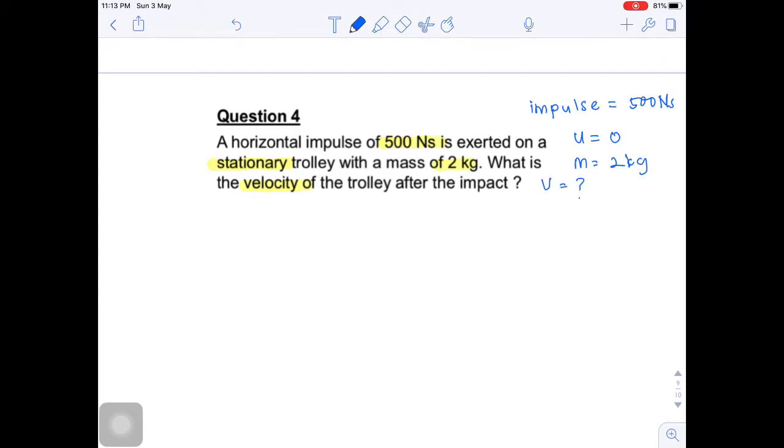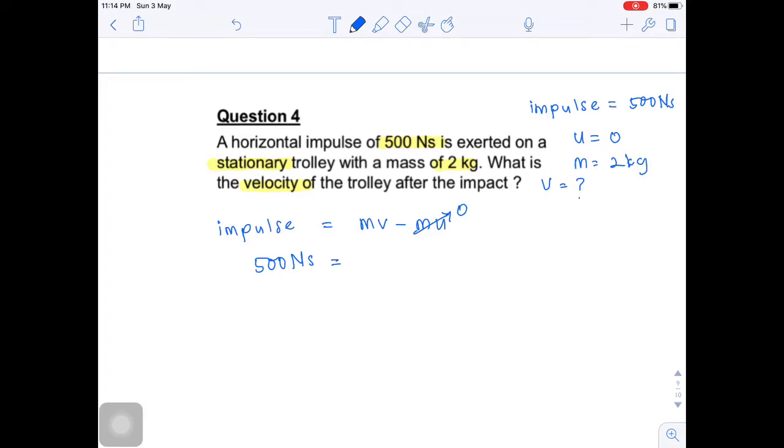So obviously the formula we have to use is impulse equal to mv minus mu, and as stated in the question, it starts from stationary means that u is 0, so mu is 0. The impulse given is 500 Newton second equal to mv.